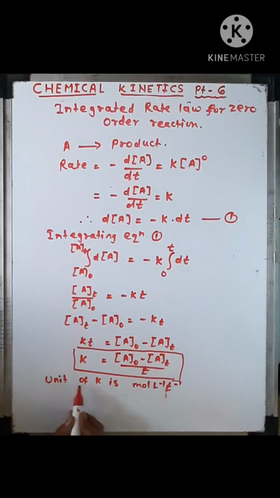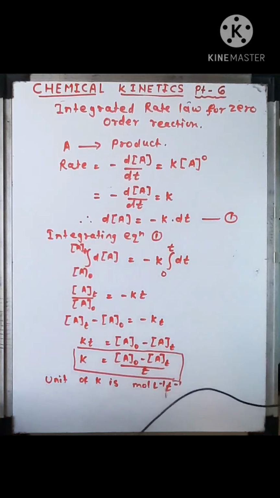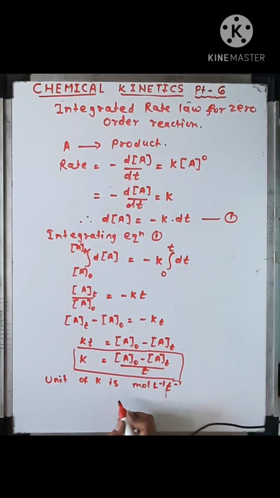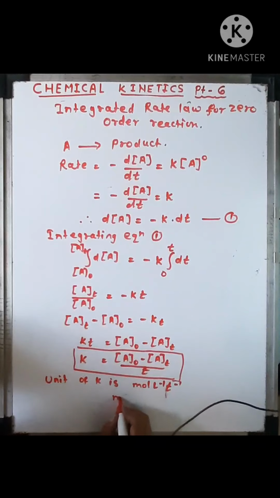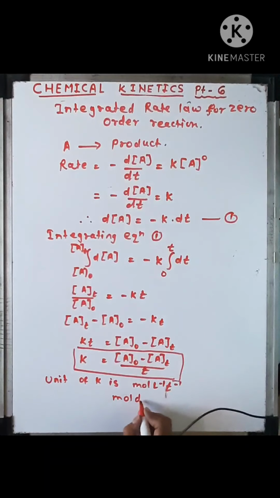So unit of K is mole per liter per time. And in dm cube also we can write mole per dm cube per time. And in next video I will teach you half life for first order and half life for zero order. Thanks for watching.